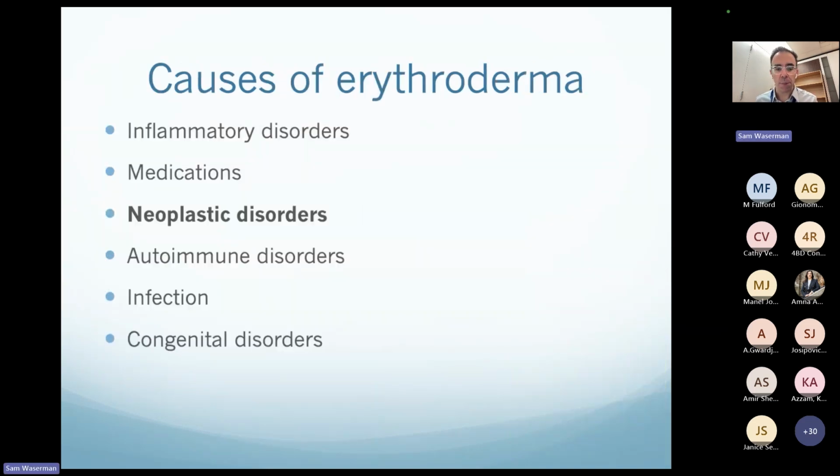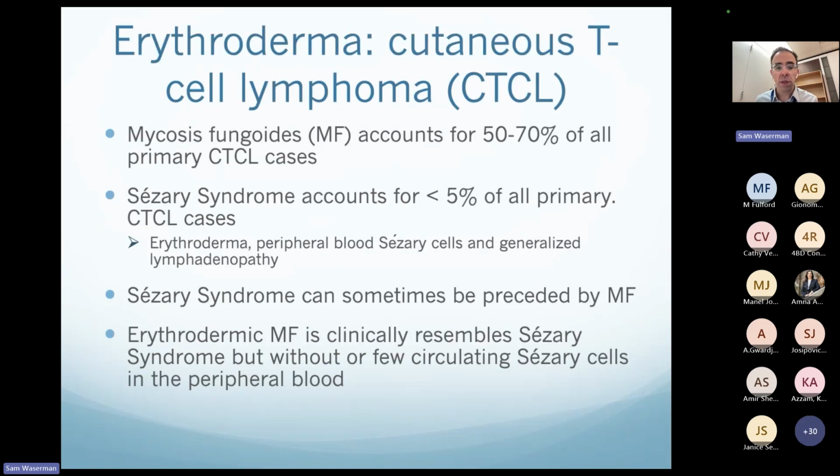I'm just going to talk about neoplastic disorders now, specifically cutaneous T-cell lymphoma. So mycosis fungoides, or MF, accounts for 50 to 70% of all primary CTCL cases. Sézary syndrome accounts for less than 5% of all primary CTCL cases.